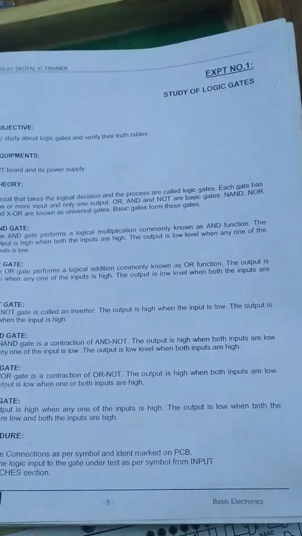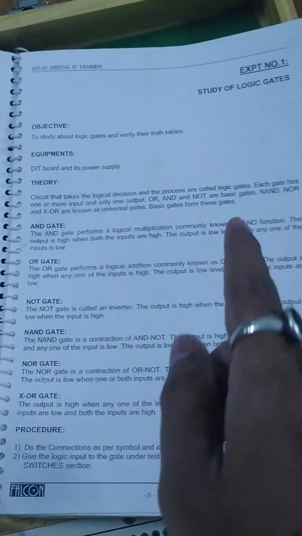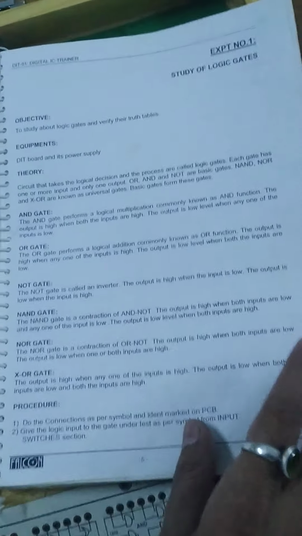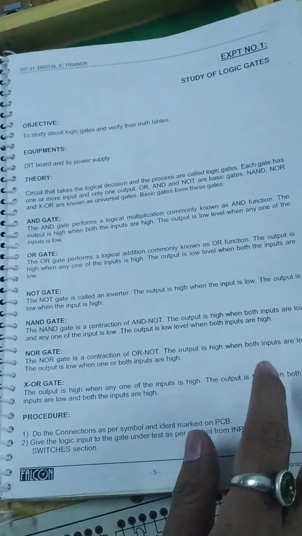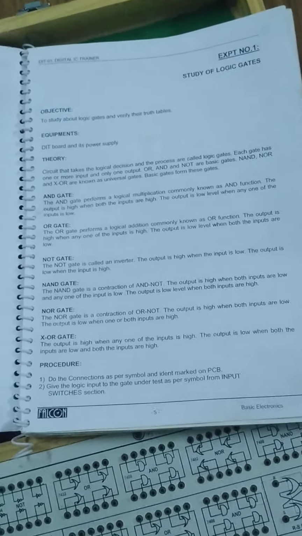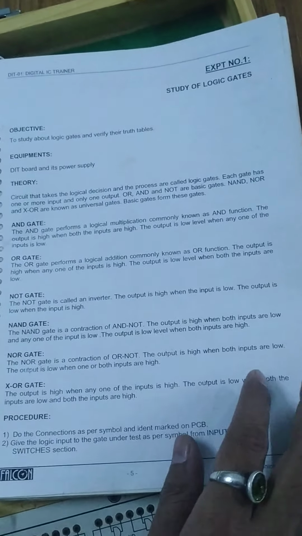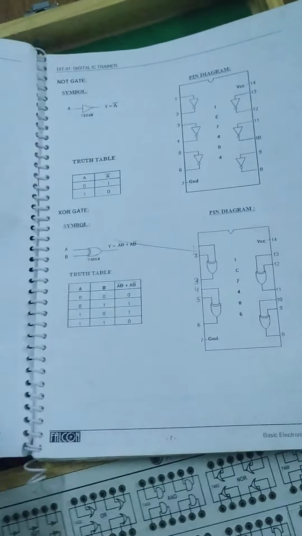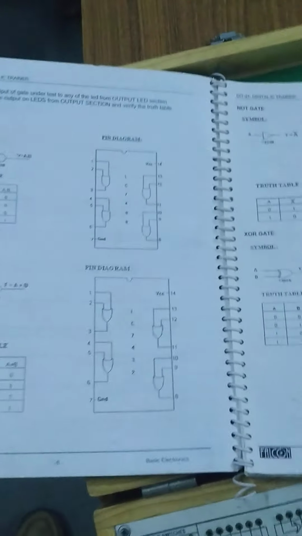Now our experiment number 1 is to study logic gates. As we have studied in the theory class, we will verify the truth table of various logic gates. So we have the ICs of logic gates.